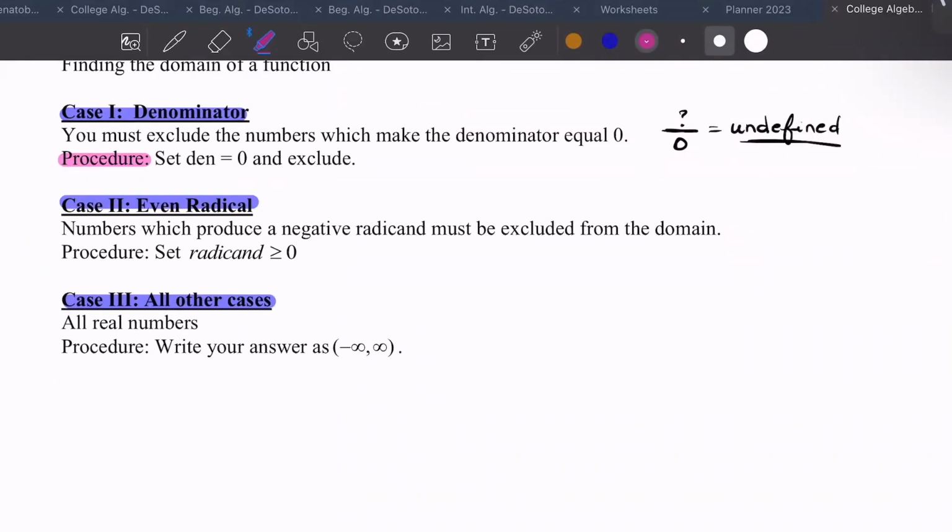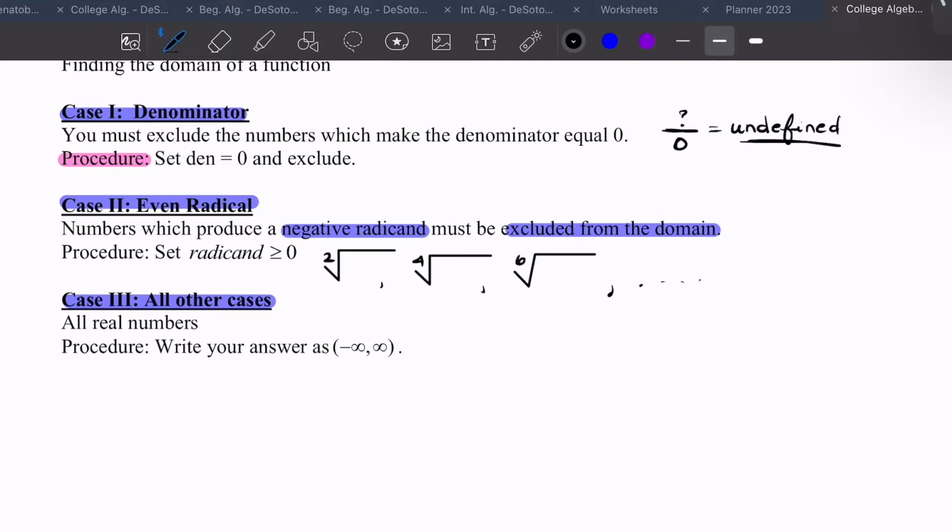Case two is an even radical. Numbers which produce a negative radicand must be excluded from the domain. When I say even radical, this means the square root, fourth root, sixth root, and so on.